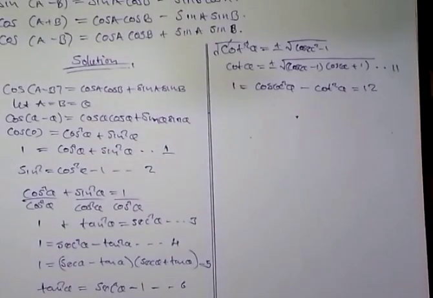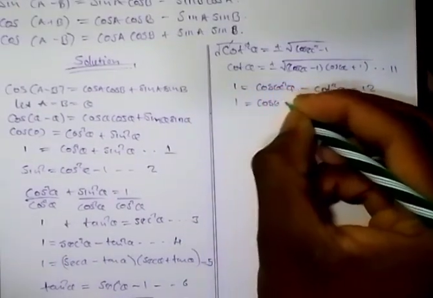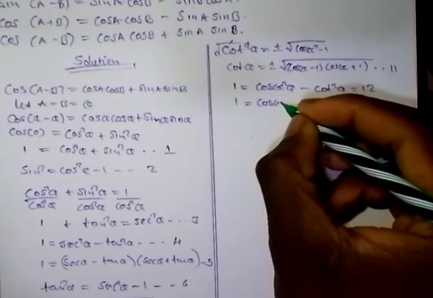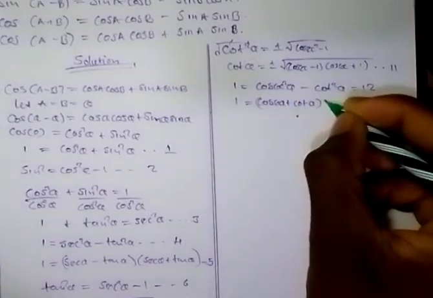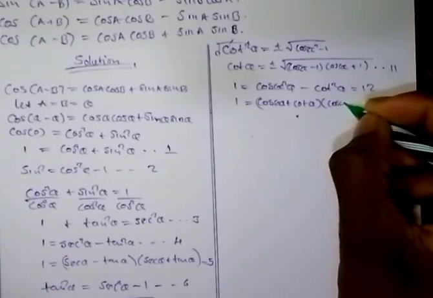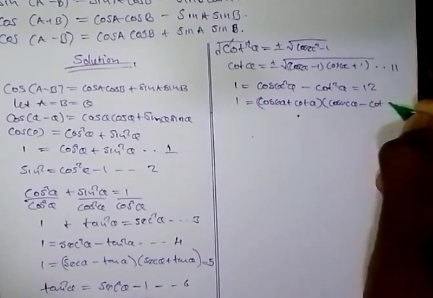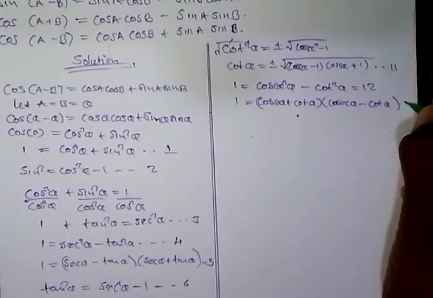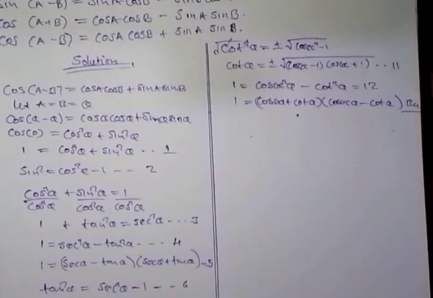We can also say 1 is equal to, since this can be a difference of two squares, cosec theta plus cot theta, and cosec theta minus cot theta. This can be your equation number 12a or 13.